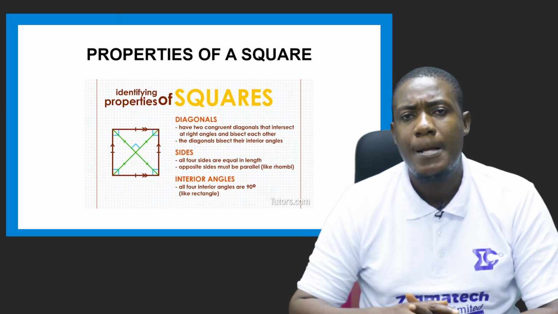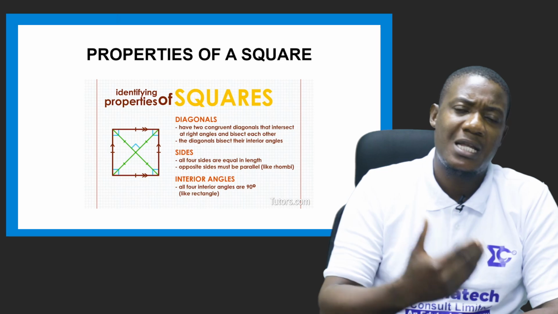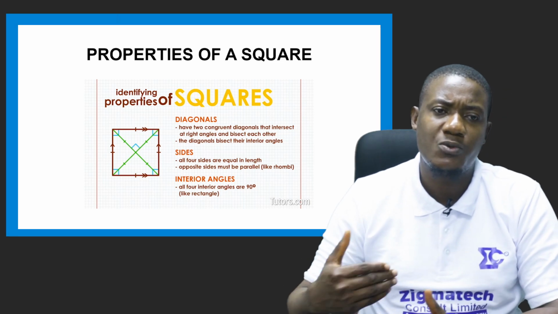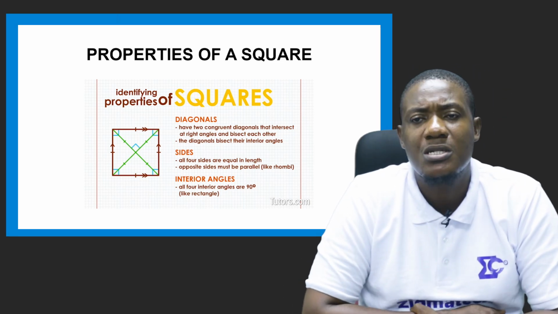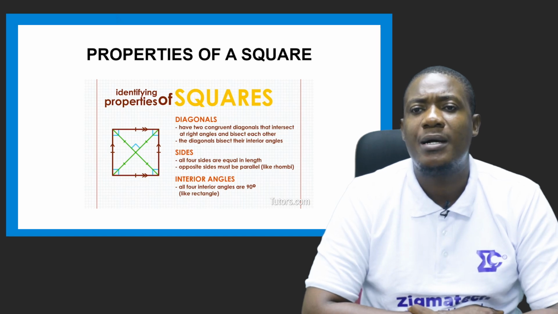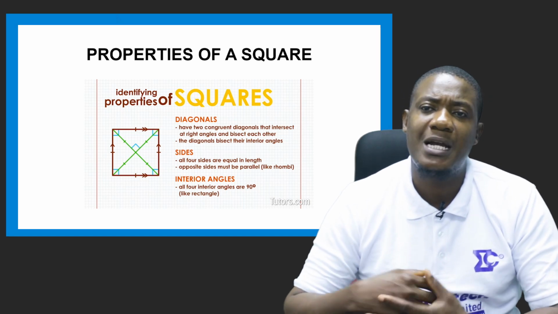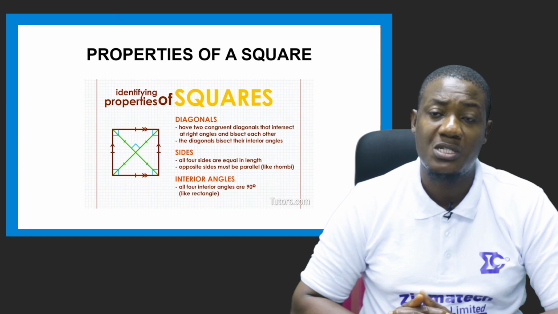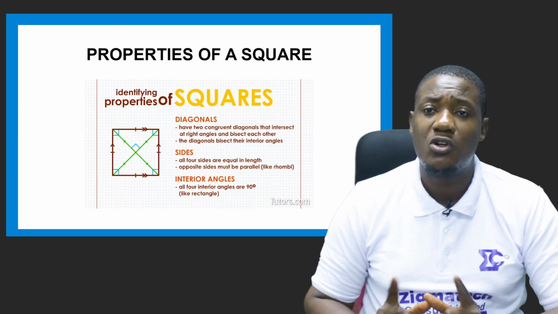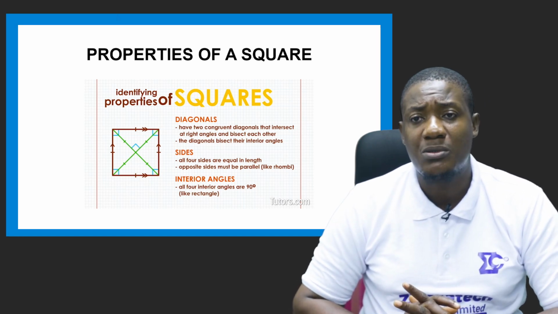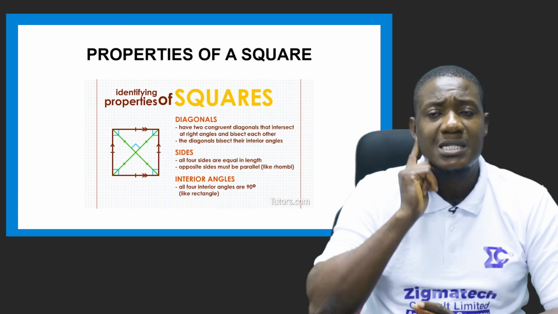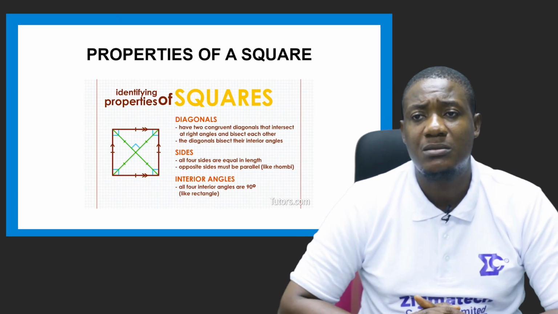So for a square, 90 plus 90 plus 90 plus 90 will give us 360 degrees. In a square, the opposite sides are parallel. Of course, they are equal and parallel. All sides are equal for a square.